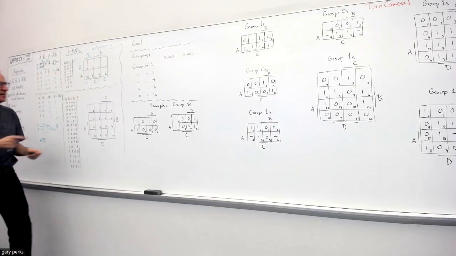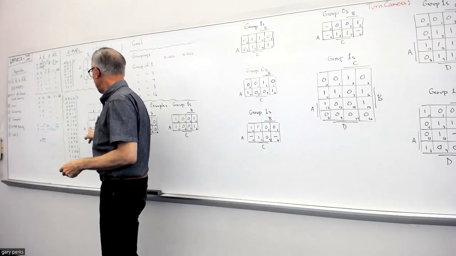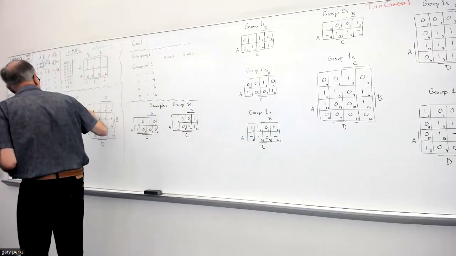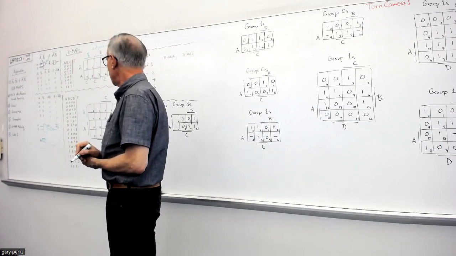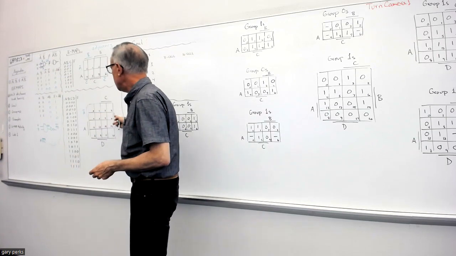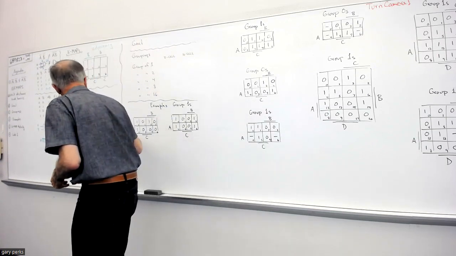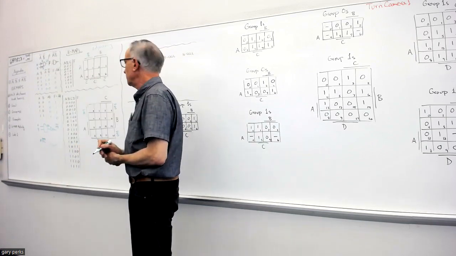Okay, and it's the same idea with the 16 cell. These 2 rows are A because for these binary numbers, A is 1. So for these 2 rows, it would be not A because for those binary numbers, A is 0. For these 2 rows, B is 1, so that's why you see a B here. For this row, B is 0, and for this row, B is 0, so that would be the not B row.